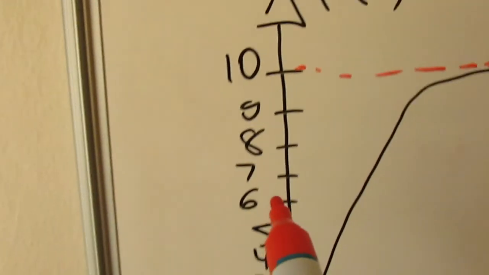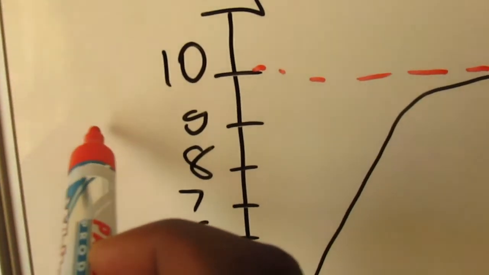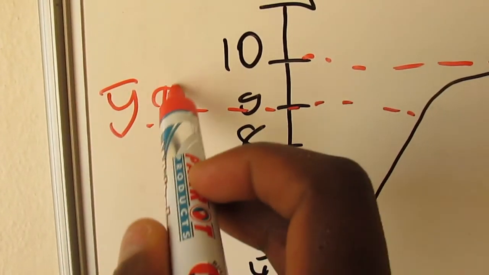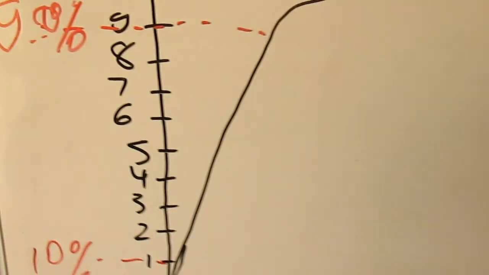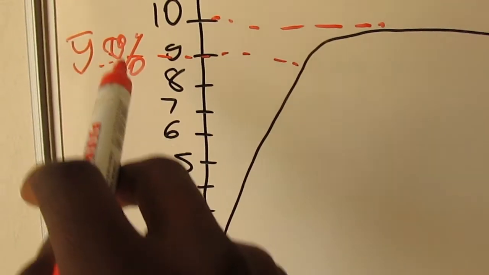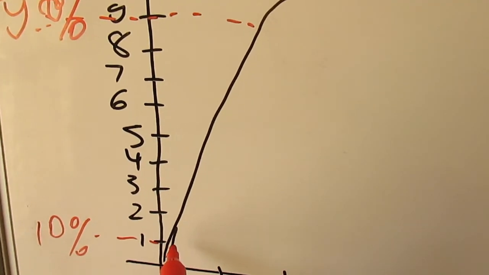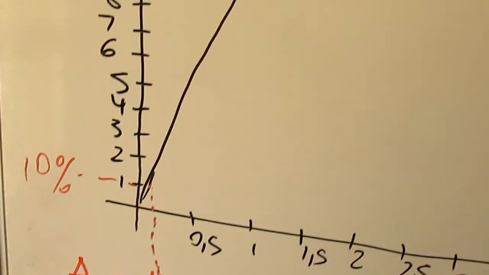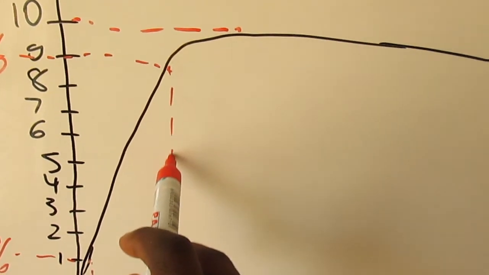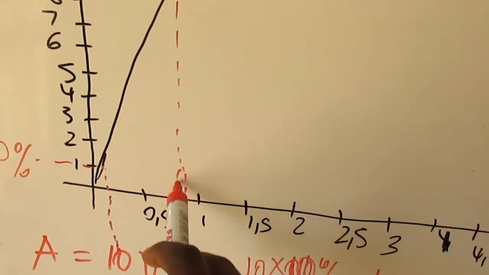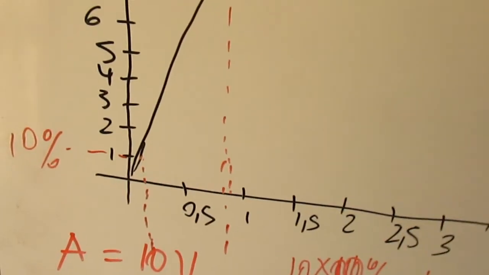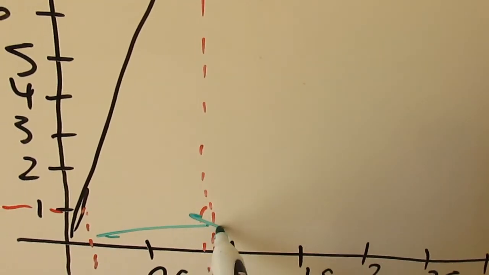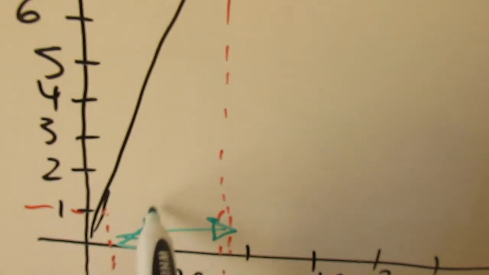So once you come here, you take this to be your 90%. So let's check. Look now, you have a 90% and a 10%. And then you project it down to the timing. Can you see that? Okay? So therefore, this part here will be our rising time.